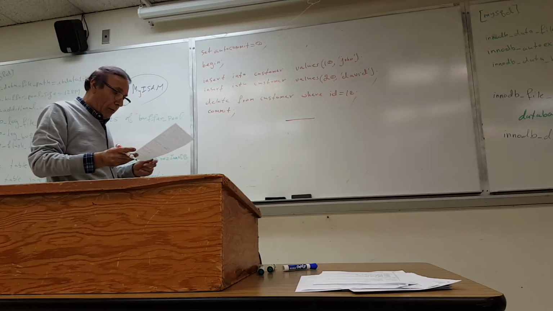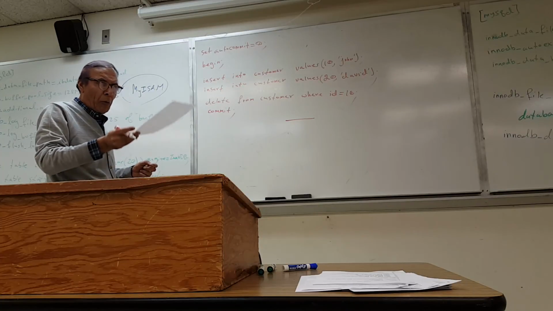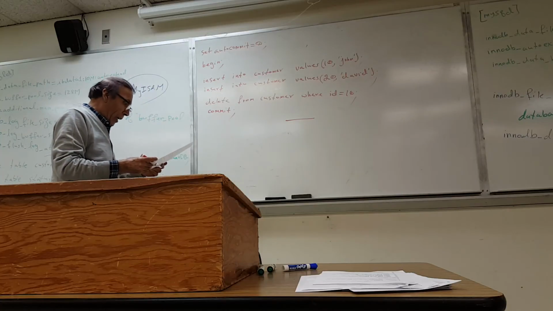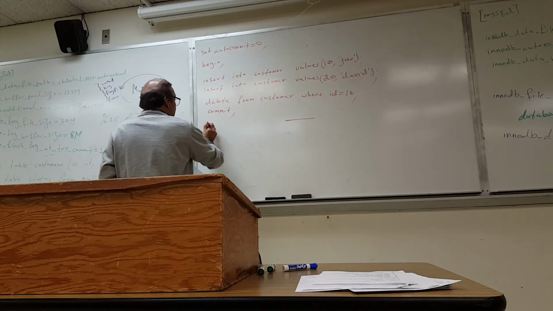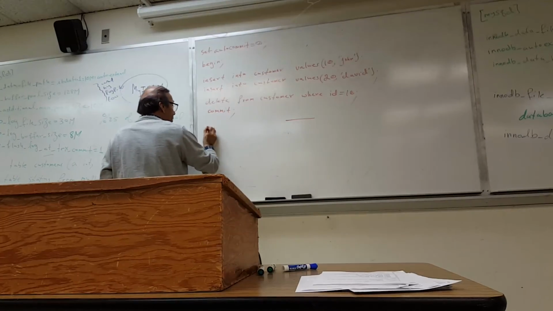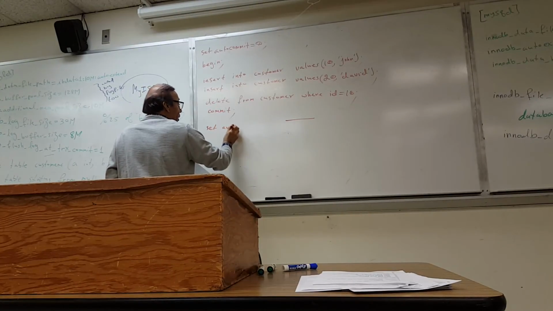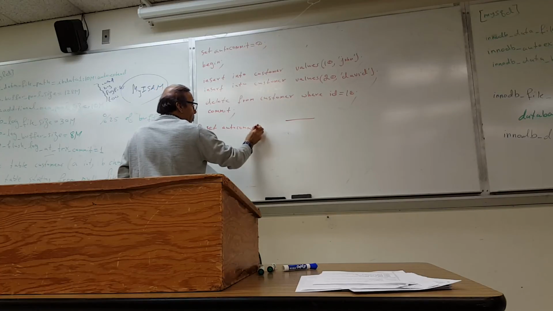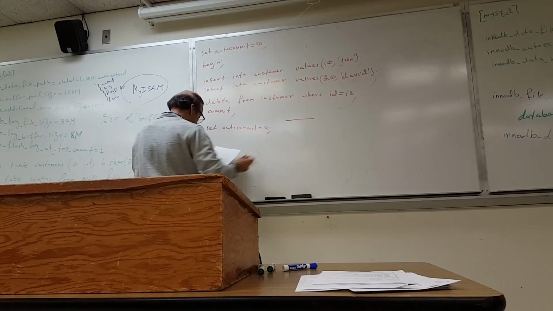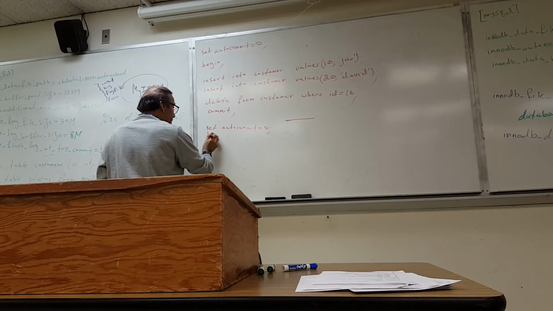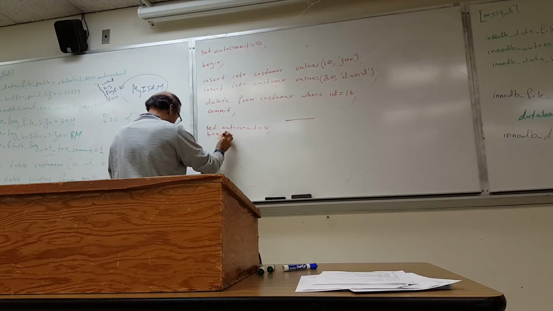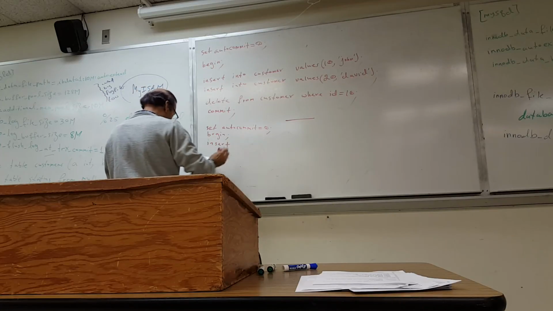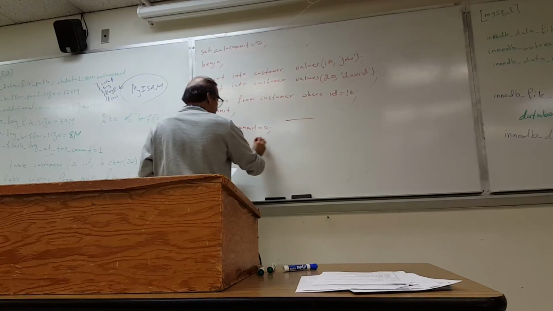Now, we have about 14 minutes, so maybe I can give you another, better example of that. Set autocommit equals 0, begin, insert, a bunch of inserts, whatever you want.